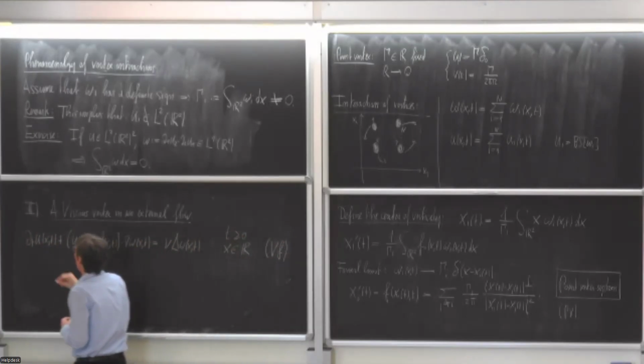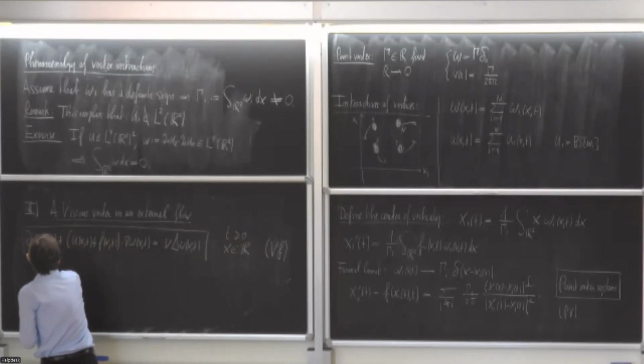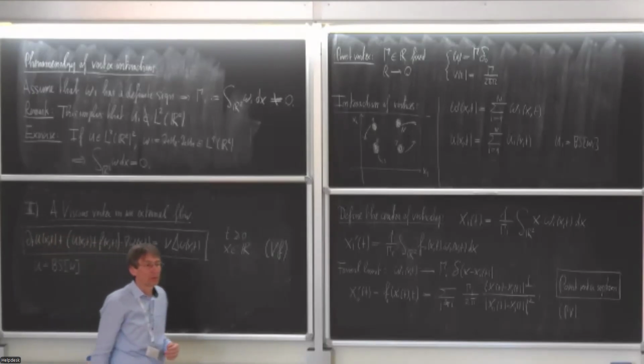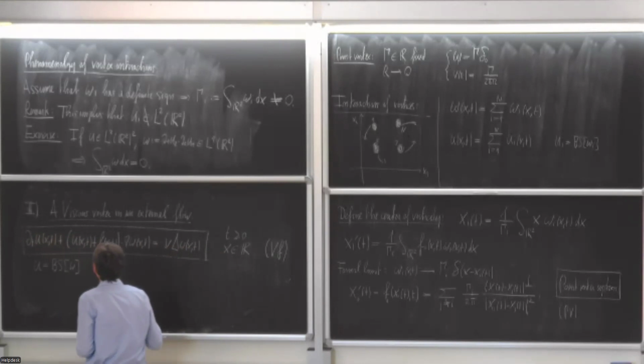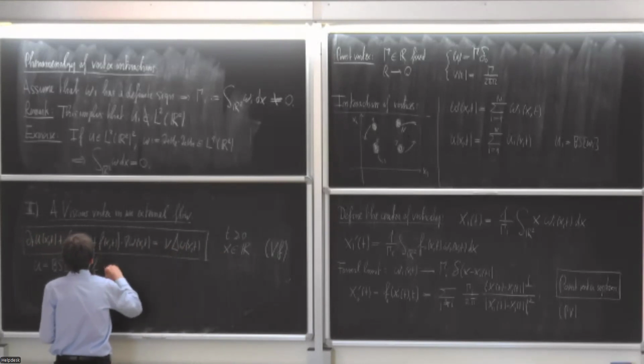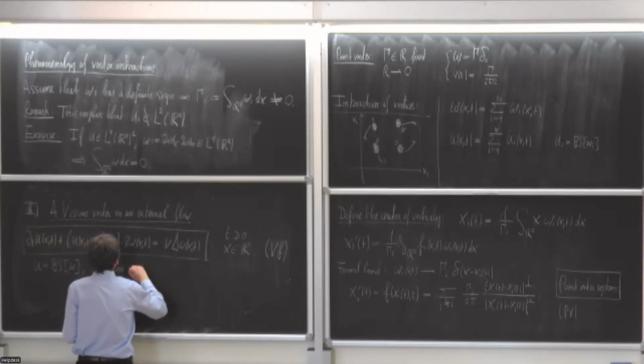So this is the equation I shall consider, with, of course, u being the Biot-Savart law applied to ω. So u is the velocity field produced by ω, and f is now a given external field.